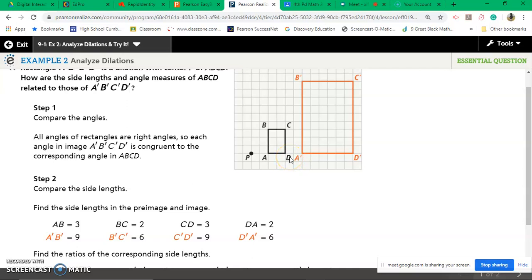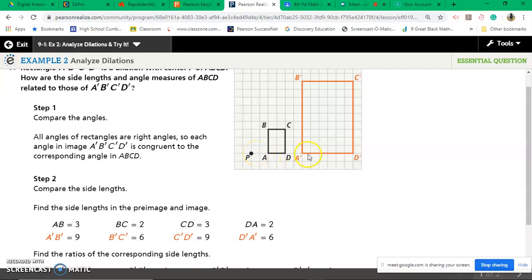Okay, that also works with the things that we were talking about earlier with the lines. If you connect the center to the pre-image, see here, the center is P. If I count from P to A, that's 1, 2. And then if I count from P to A prime, I got 1, 2, 3, 4, 5, 6. Still proportional by 3.